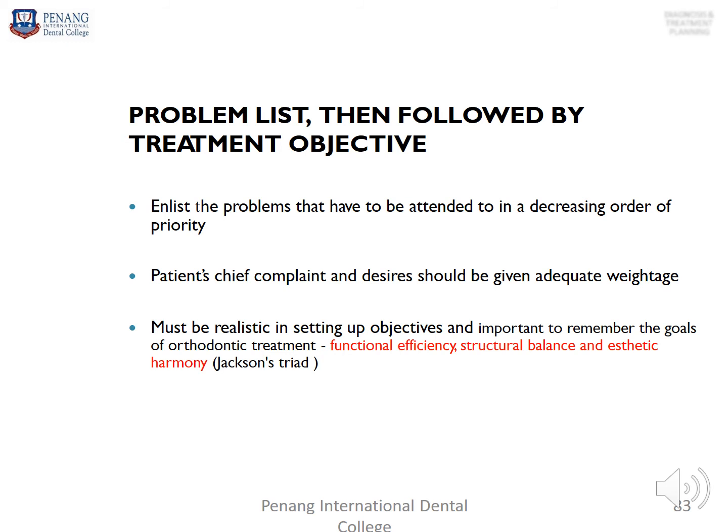You need to list all the problems which have to be attended to in decreasing order of priority. For example, a patient complaint is protruded teeth. So your first problem list will be to achieve class 1 incisor relationship and to correct the overjet. This is the priority because this is what the patient wants.